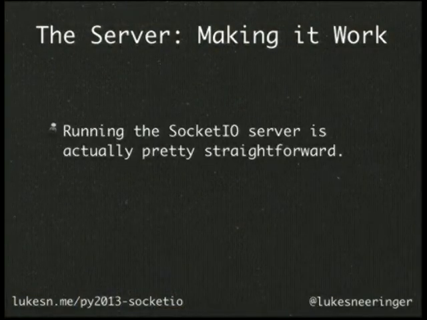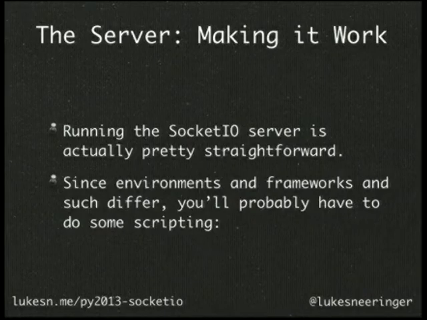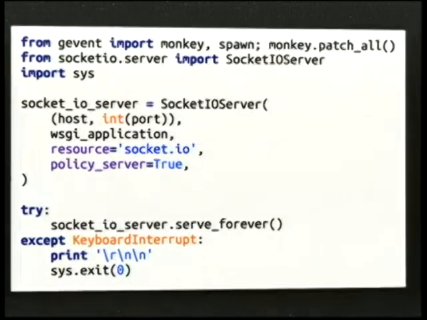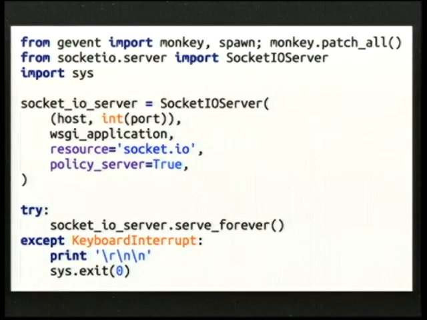Running SocketIO is pretty straightforward. Every environment is different, whether you're using Django, whether you're using Flask, so you're probably going to do some scripting, but it's going to look basically like this. You're going to import gevent. With gevent, most things you end up wanting to put this monkey patch-all at the top, or things just don't work. You're going to import your SocketIO server, and then you're going to start your SocketIO server.